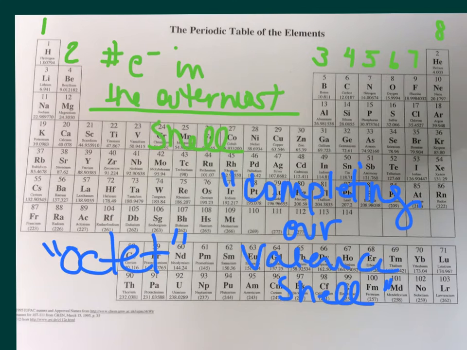Same thing's going to happen on the periodic table. If you have 1 or 2 or 3 electrons in your outermost shell, it's way easier for you to give those electrons away and just be like, you know what, you take these, I don't need them. So then you go back to the next shelf, right?